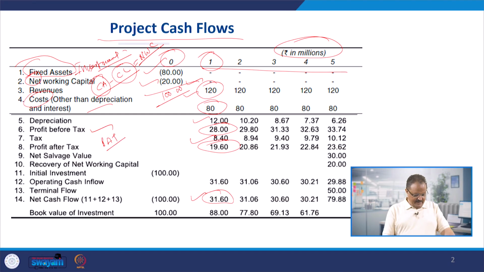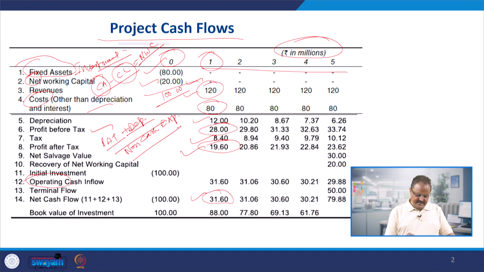And then we have to calculate the operating cash flow. There's no other expense, so we have the PAT with us. Other things we'll discuss later on. For calculating the operating cash flow, you add the PAT plus depreciation, because depreciation is a non-cash expense.